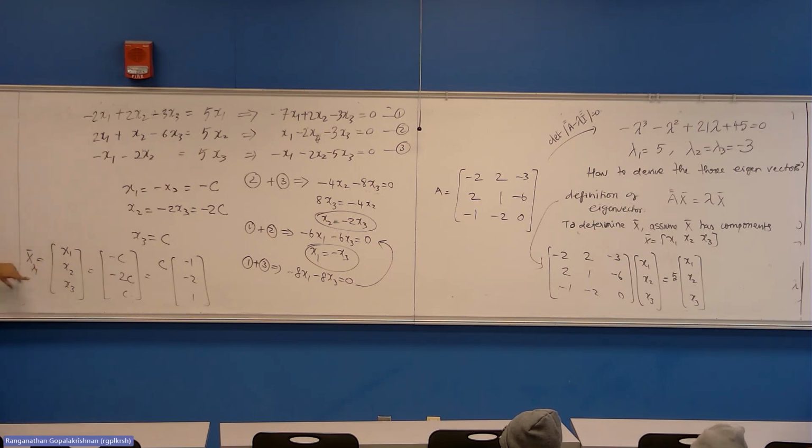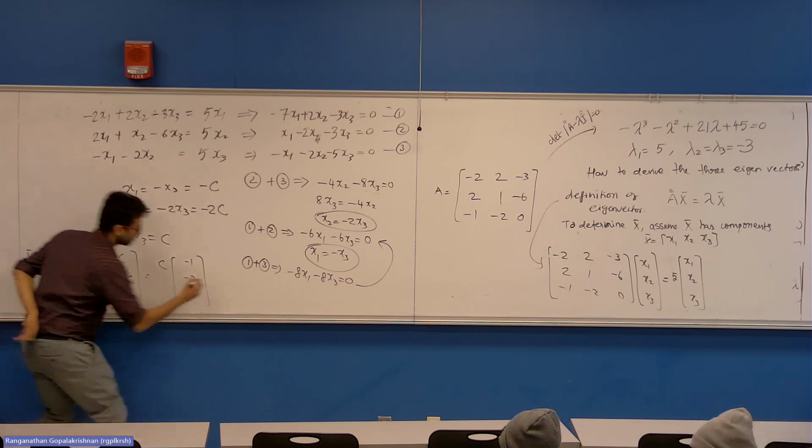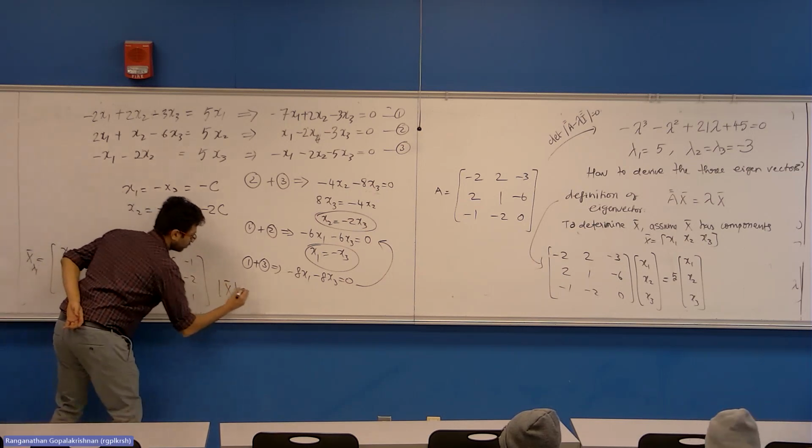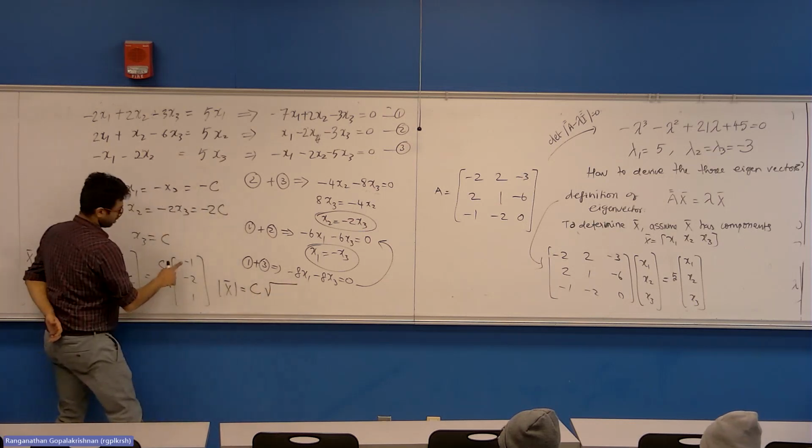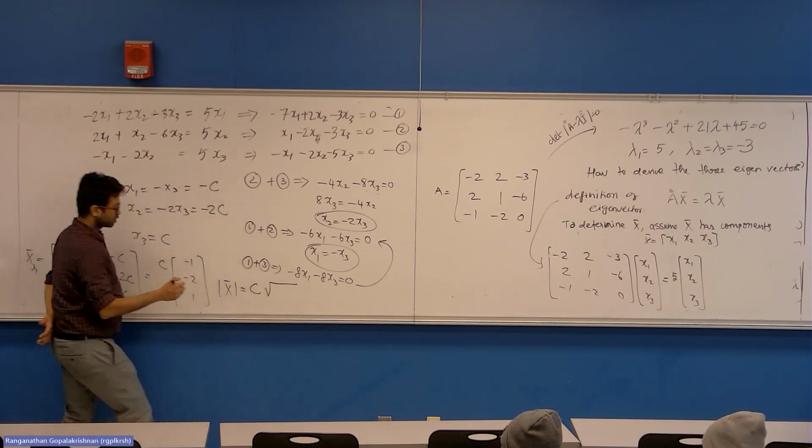The way we have written this vector x, what is its magnitude? What is the magnitude of x? Magnitude of x would be c times square root of 1 plus 4 plus 1, which is square root of 6.